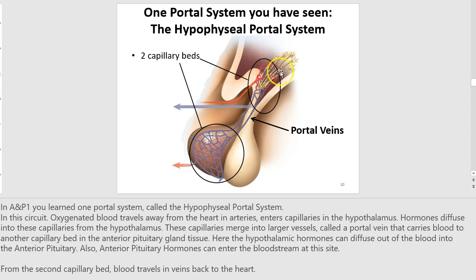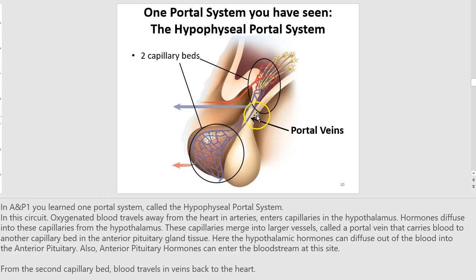So this is the region of the hypothalamus. The hypothalamus produces hormones. Those hormones then can diffuse into the capillary bed and will travel wherever the blood goes next. And where it goes is these capillaries merge into a portal vein that runs in the infundibulum.